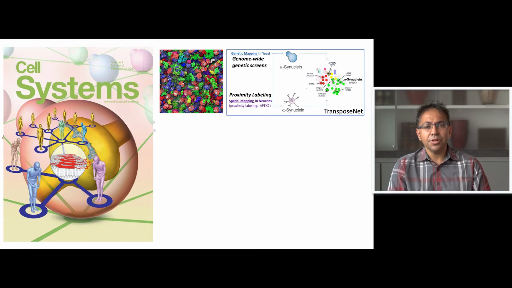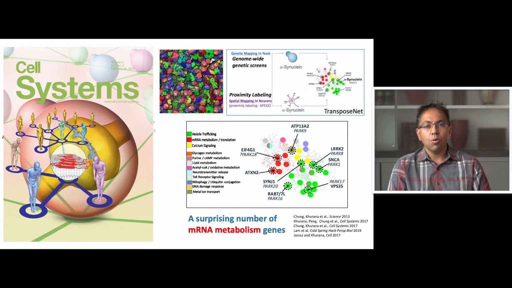And we converted that into a type of roadmap, and you see that down below. All of these different circular structures here represent different proteins in the cell. Not surprisingly, for a protein that's involved in vesicle trafficking, we see lots of those green proteins that are vesicle trafficking proteins. But surprisingly, our map showed us that alpha-synuclein was interacting with a different type of protein.